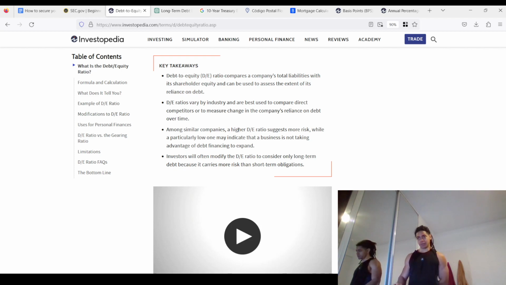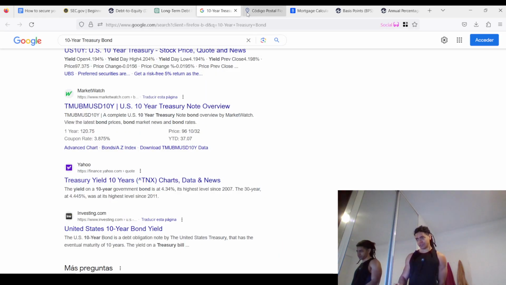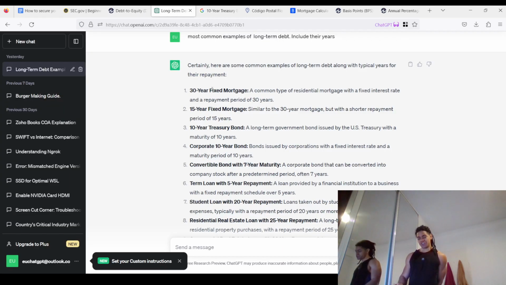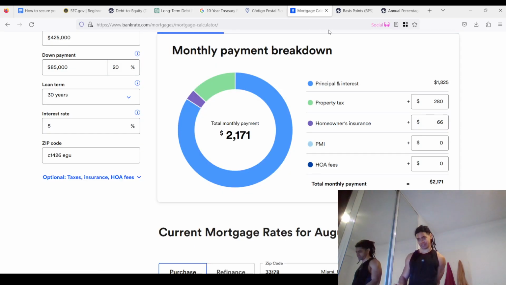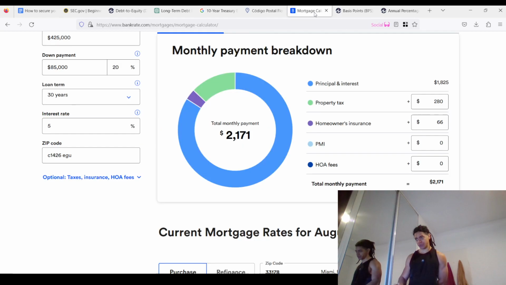Long-term debt carries more risk than short-term obligations, of course. So the 30-year fixed mortgage and 15-year fixed mortgage are the common types of residential mortgage.